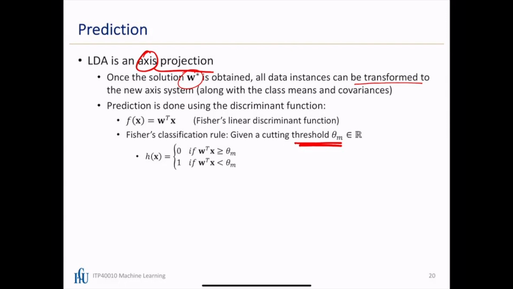The decision rule can be described in this way. If your projection is larger than the threshold value, then it is one of the classes. If your projection is smaller than the threshold value, then it is the other class. This rule is called the Fisher classification rule. This is all about linear discriminant analysis, or the LDA classifier.